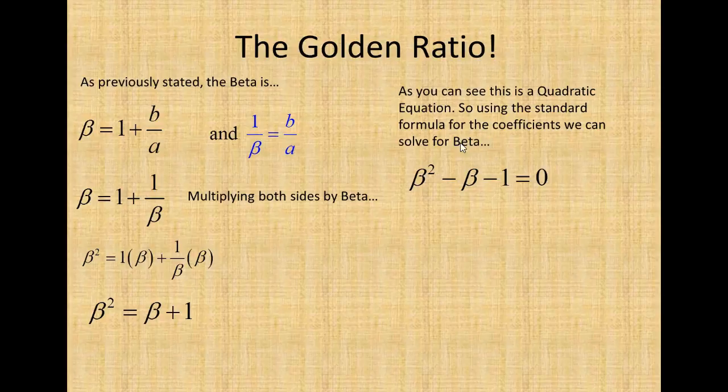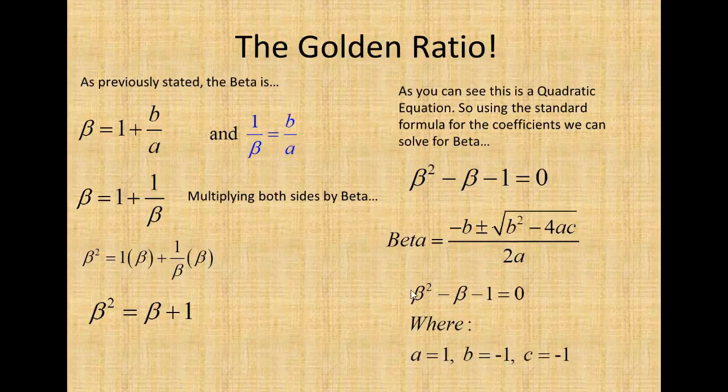Using the standard formula for the coefficients, we can solve for beta. Here's the quadratic equation, and here are the coefficients. For beta squared, A is equal to 1. The coefficient of minus beta is B equals minus 1.